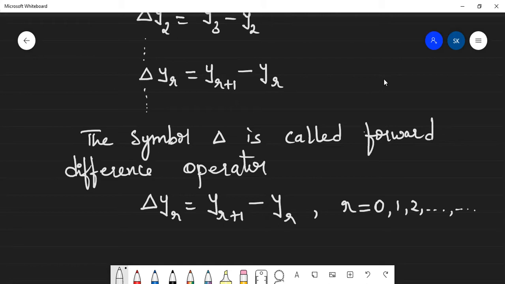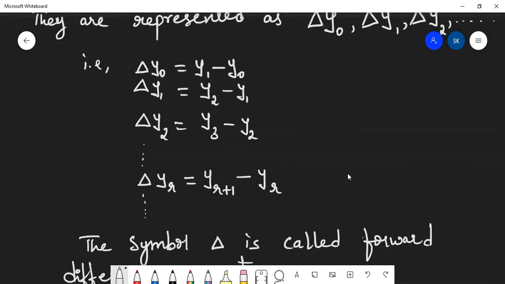Similarly, we have the next forward differences also. If you subtract these, forward delta y1 minus forward delta y0 will be the second difference. Similarly, forward delta y2 minus forward delta y1, delta y3 minus delta y2, those will be the second order.